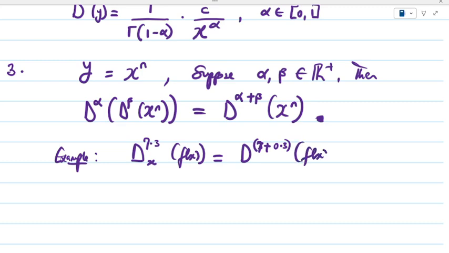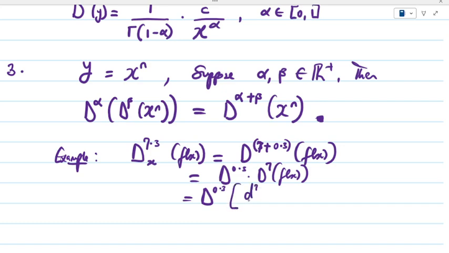Then we can split it to be D^0.3 of the D^7 of f of x.